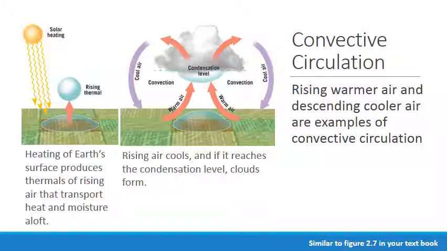And the result is an increase in cloudiness that frequently can be observed on warm summer afternoons, even here in Washington State, as we look over the Cascades and can see cumulus clouds developing over eastern Washington.